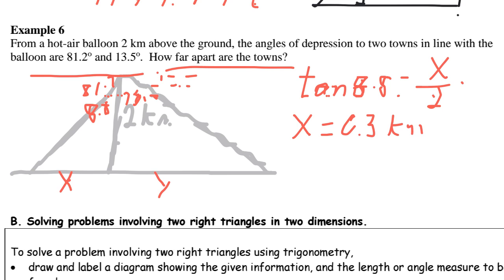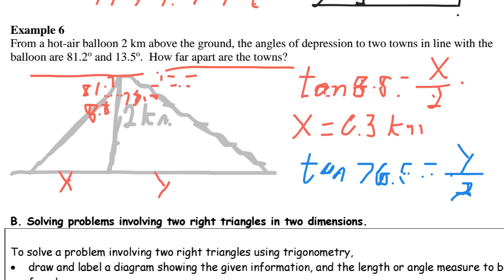kilometers. Y down here is going to be tangent of, what was that again? 76.5 equals my opposite Y over my adjacent 2.